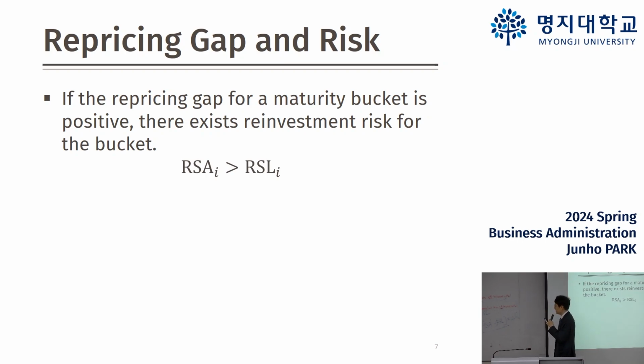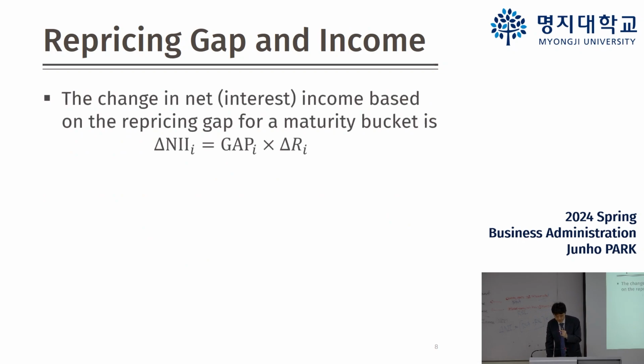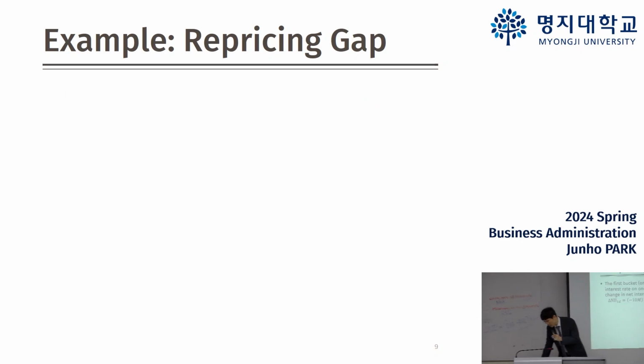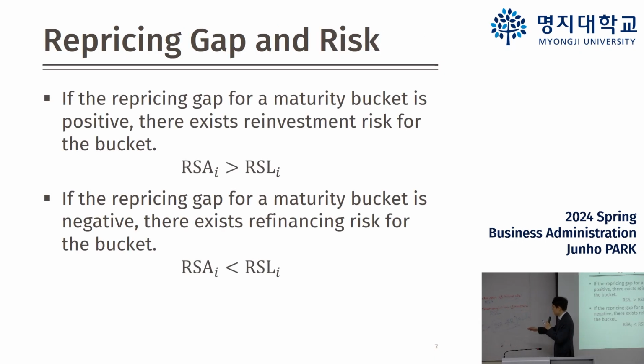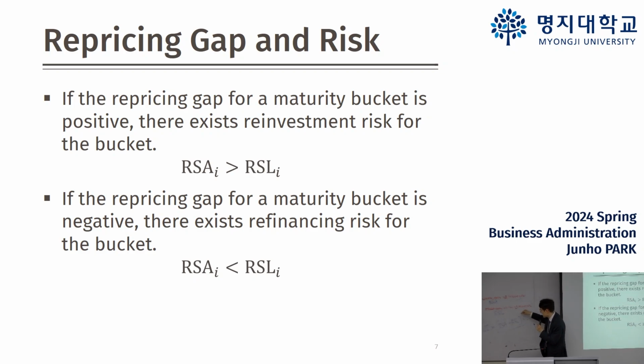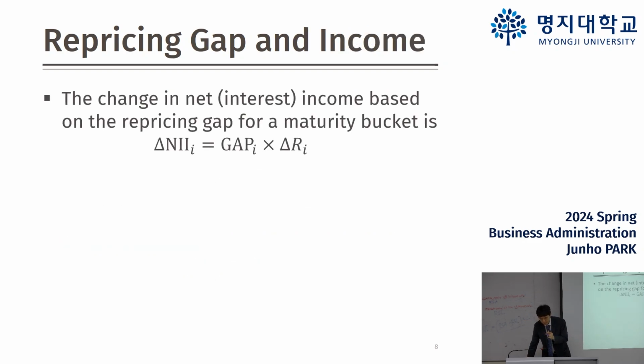So if the RSA is larger than RSL, we say that the repricing gap is positive, and then we will have the reinvestment risk. Or on the other hand, if RSA is smaller than RSL, this is negative, and then we will have the refinancing risk. Let me use an example for this.